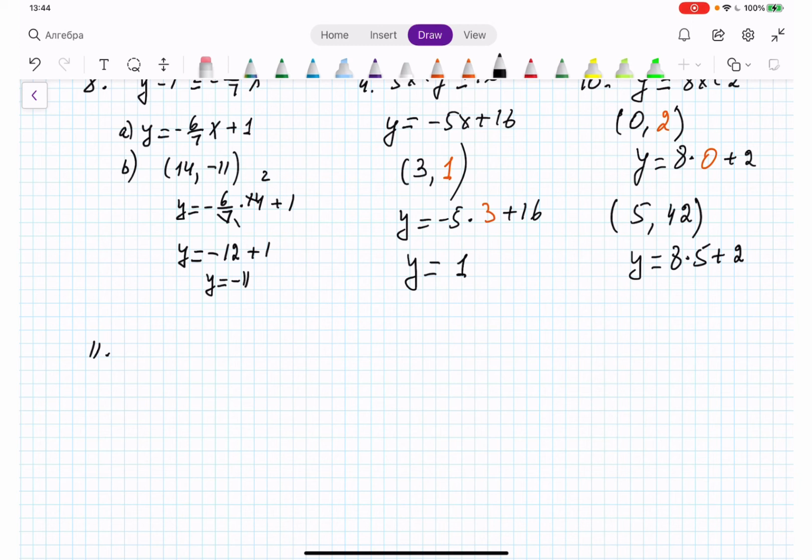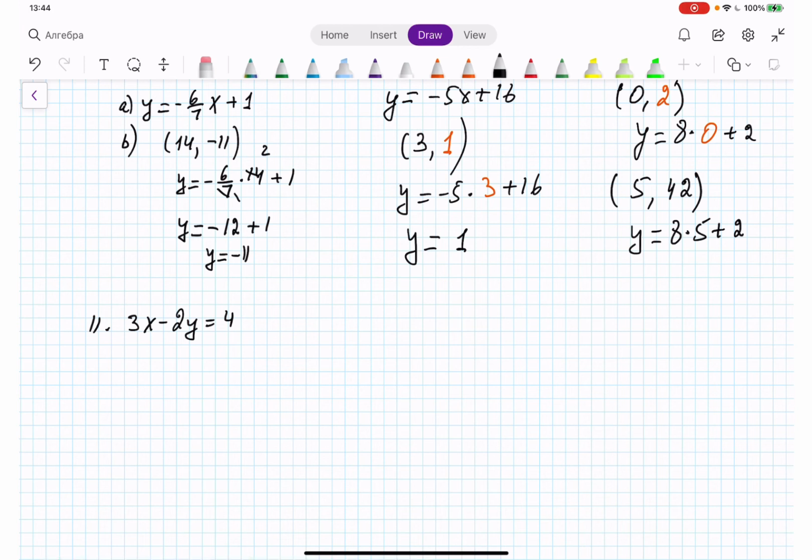So 3x minus 2y is equal to 4. Same way, negative 2 is given, we need to find y. So since we need to find y, let's find y. I'm moving 2y to the right side. 3x minus 4 is equal to positive 2y.